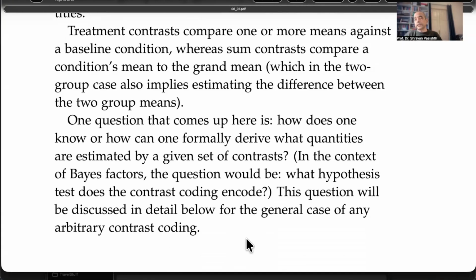The meaning of these two parameters is very important for us as Bayesians because we're going to decide on the priors. Now, deciding on the prior for an intercept that represents the grand mean can be a very different decision process than deciding on a prior for an intercept that represents the baseline level of the factor, right? So you have to be careful about that.